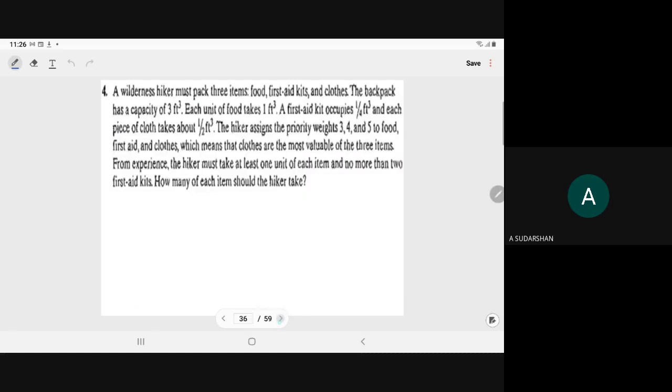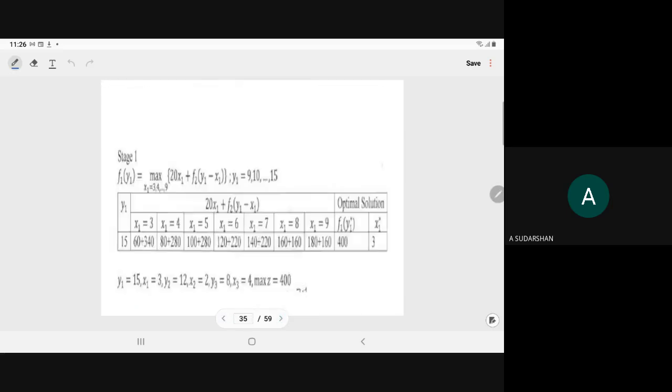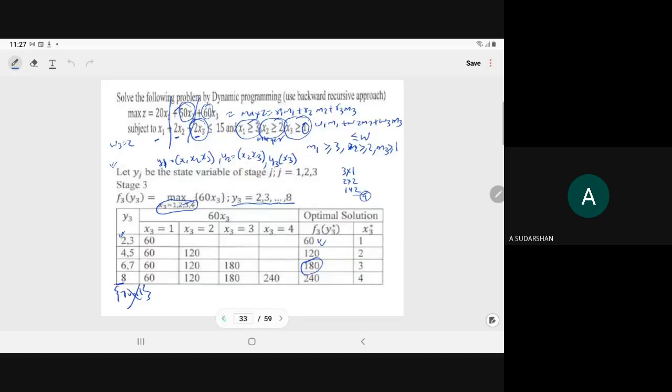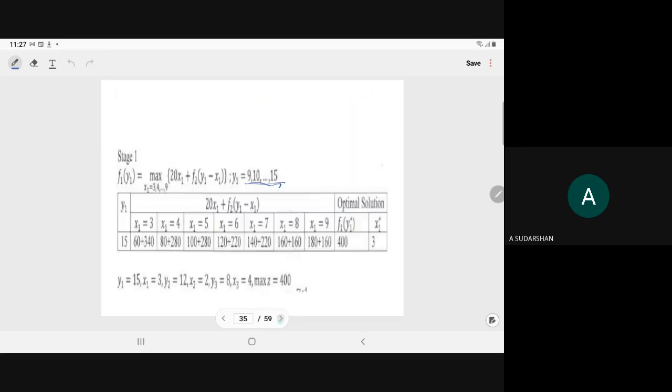So here we write y1 ranges from 9 to 15. Then after, what is the value of x1? Since x1 is of unit weight 1, minimum 3 units you require. So it means x1 can range from 3 to 9.